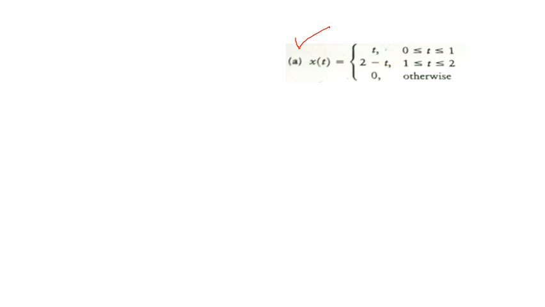An energy signal will have non-zero finite energy, and its power will be equal to 0. So let's find the energy of this signal. We know by definition energy equals the integration from minus infinity up to infinity of x of t squared, right?